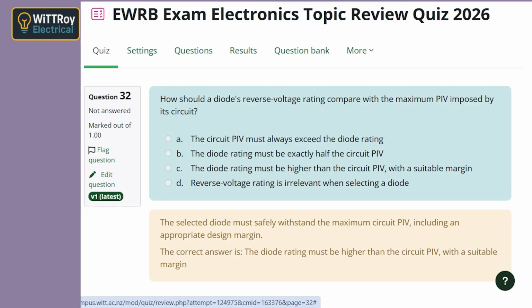Its rated reverse voltage, therefore, has to be greater than the calculated PIV, with a suitable margin for supply variation and transients. A rating below PIV risks reverse breakdown. So I should choose: the diode rating must be higher than the circuit PIV with a suitable margin. Yes, that's it. The selected diode must safely withstand the maximum circuit PIV, including an appropriate design margin. The diode rating must be higher than the maximum reverse voltage it will experience.